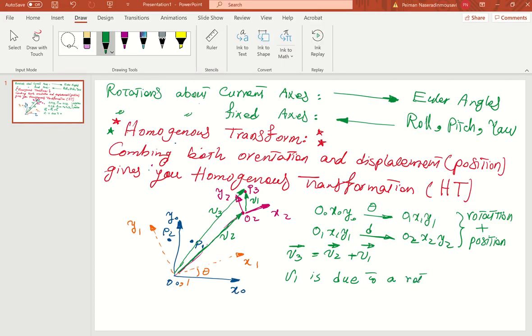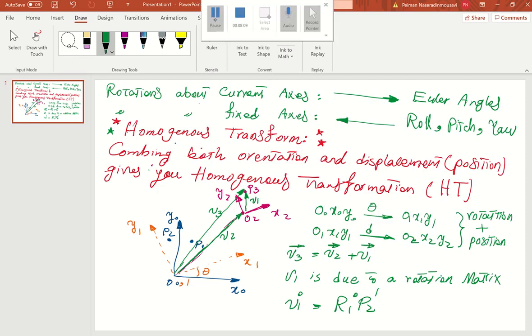a rotation matrix. On the other hand, you can say V1 with respect to 0 is R1 with respect to 0 times P2 with respect to 1. Clear? Hold on, I don't know why it's ripping.